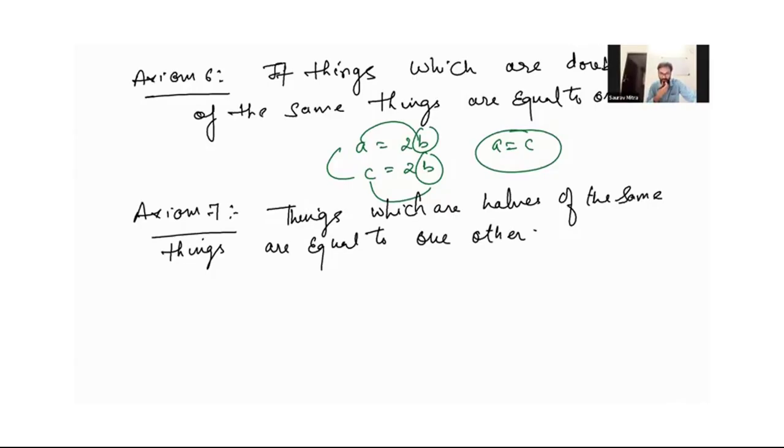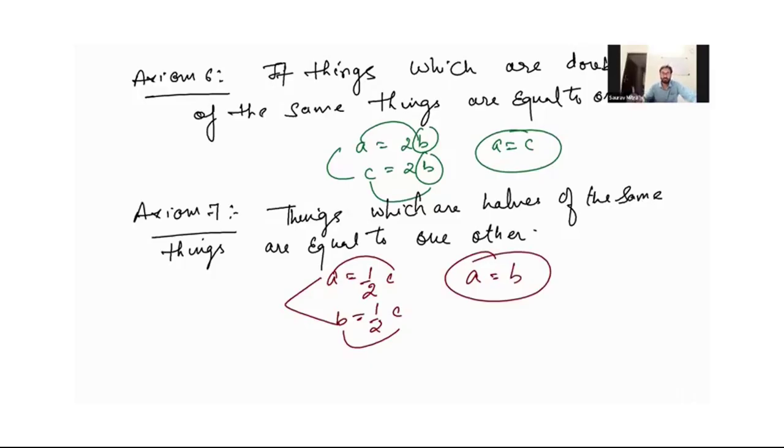If double was there, now half. That means if I say A is equal to half of C and B is equal to half of C, since A is half of some C, and B is half of the same C, this A and B both are equal. So this is your complete 7 axioms.